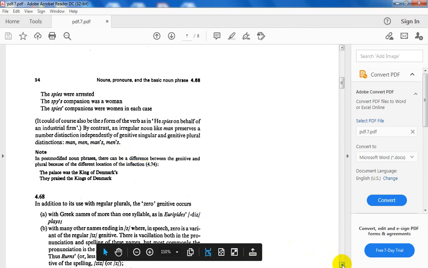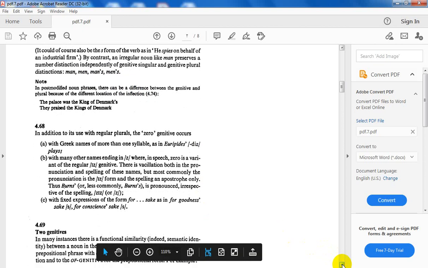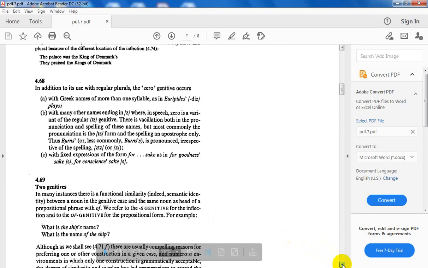Again, we have certain nouns that have zero genitive, يعني without S, with Greek names of more than one syllable, as in Euripides. Here, Euripides' place, it is just adding an apostrophe without S. Also with many other names ending in Z, where in speech zero is a variant of the regular S genitive.